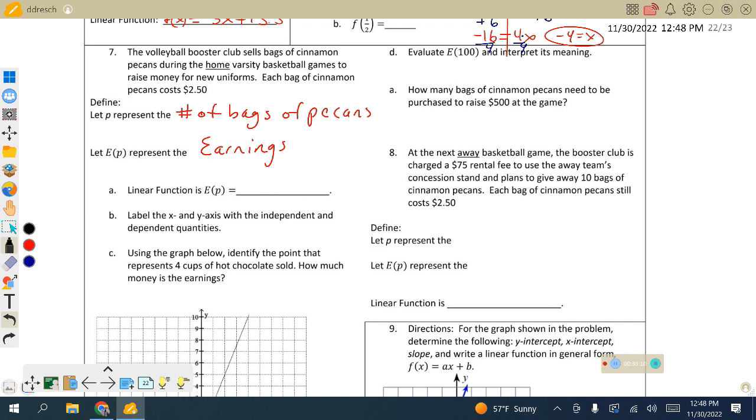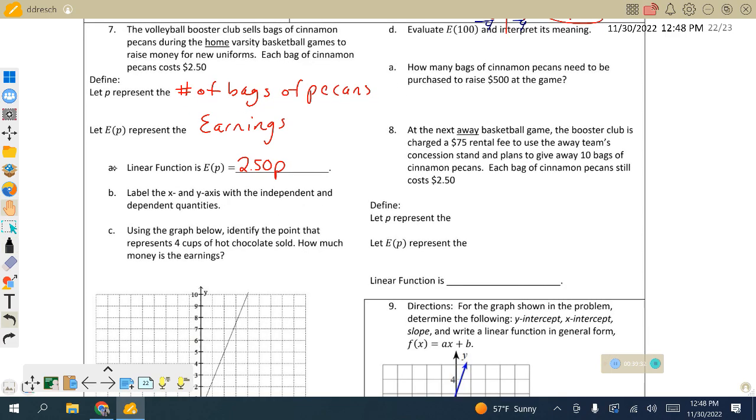So what do we got going on here for our equation, for our function? As we've done with hot chocolate and pretzels and everything, we take whatever that number is, times P or X or C, whatever we've had there, and then we've either subtracted something, which we're not subtracting anything out. All right, let's go label these axes now.